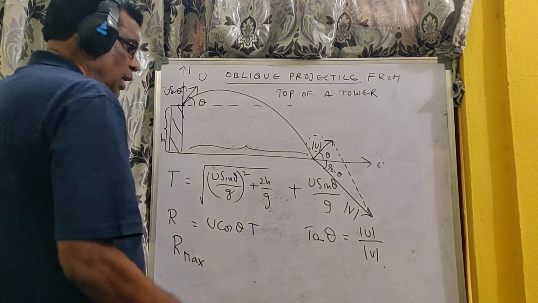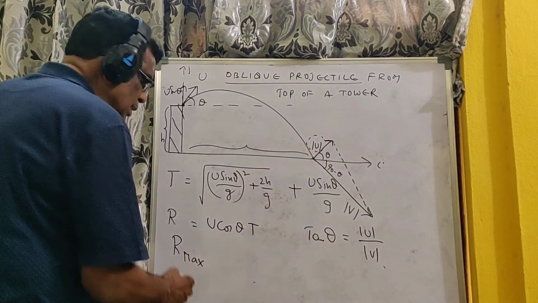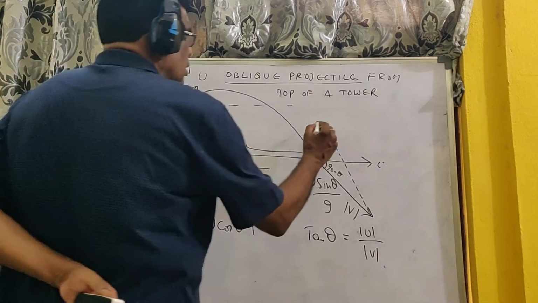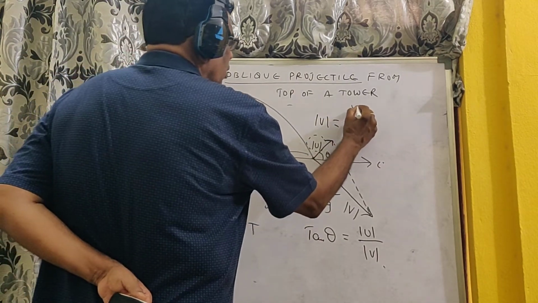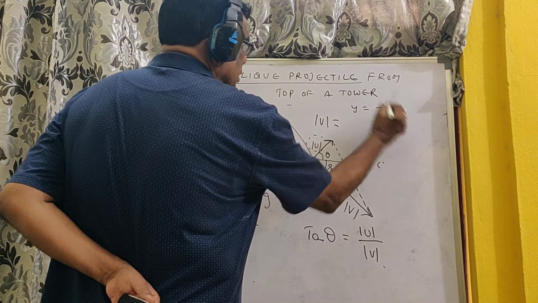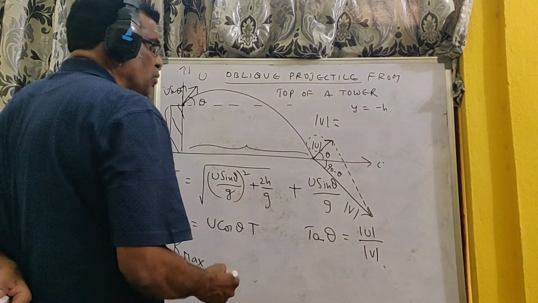Got it? And what is mod v? Now look at the last expression for mod v. Mod v is where your y is minus h. So if you put minus h, what do you get?